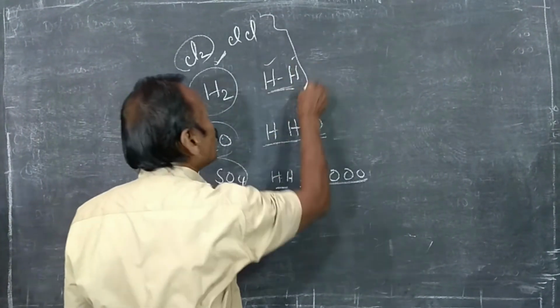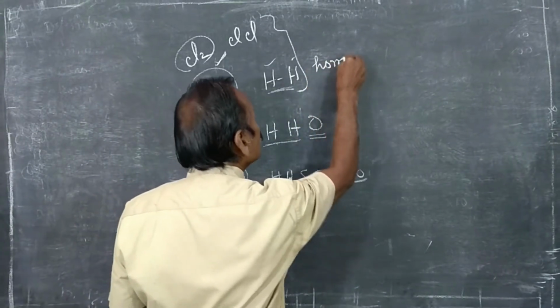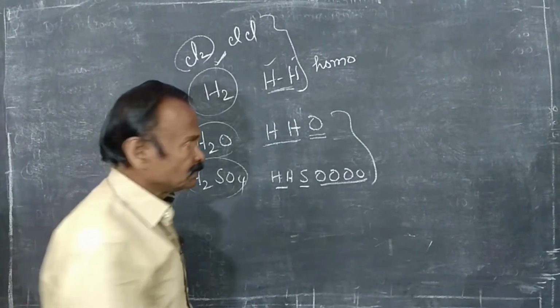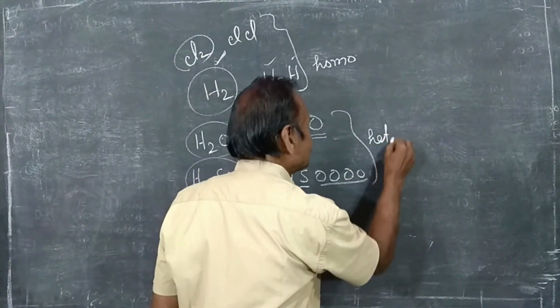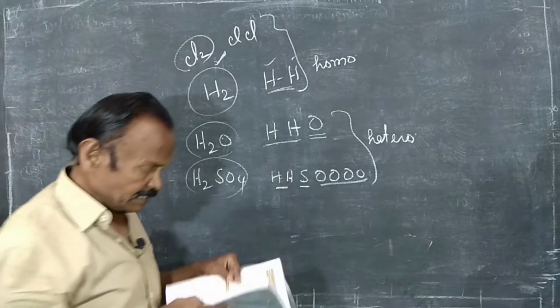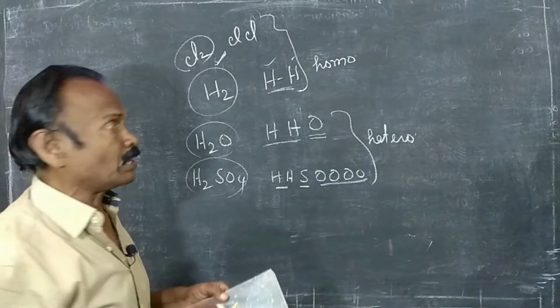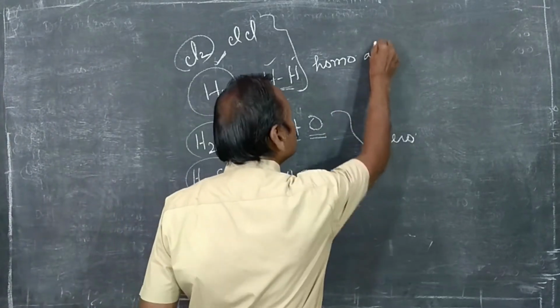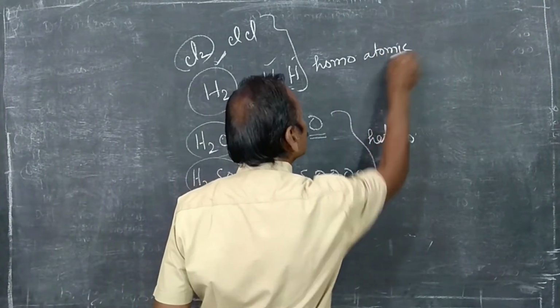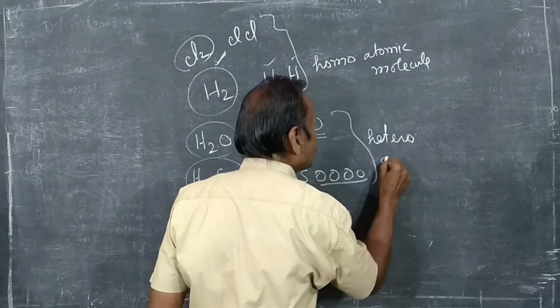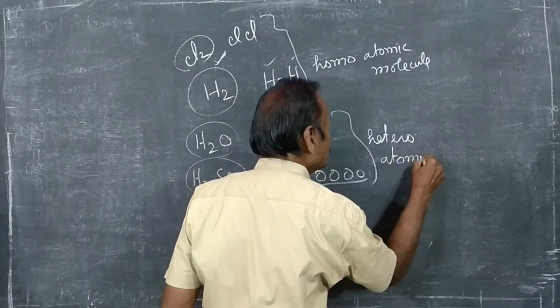So these molecules are called homo. Homo means same. So here this is hetero. So this is homoatomic molecule. This is heteroatomic molecule.